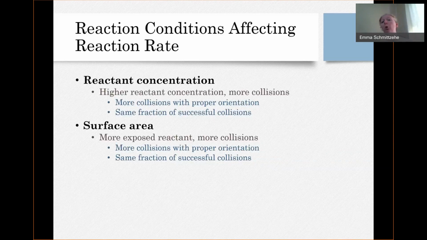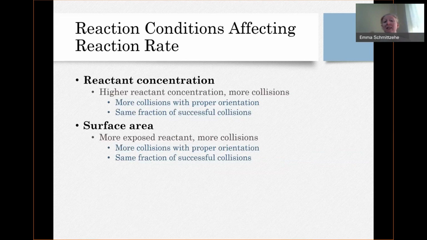And again, if you have more collisions, there are going to be more that have the appropriate orientation. But that fraction of successful collisions, so the chance that they collide in the right orientation, is going to stay the same. Okay, that will not change. Because the fraction of successful collisions, that in part is due to the structure, and you're not changing the structure.